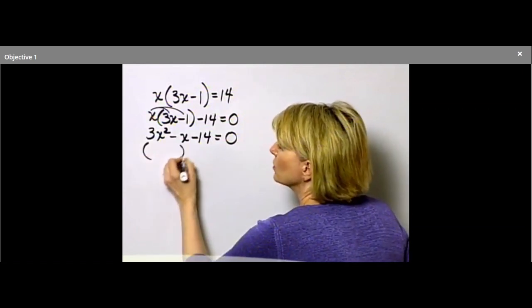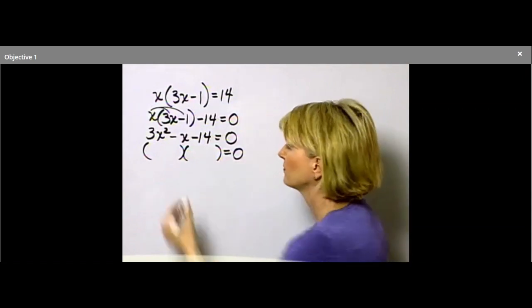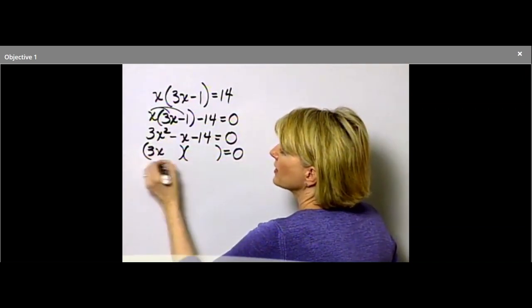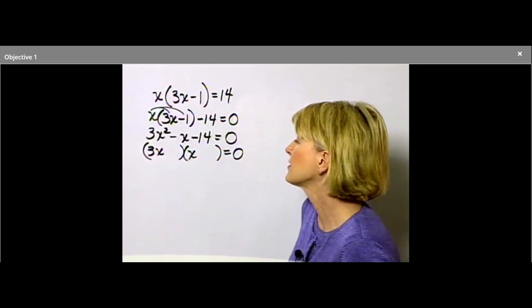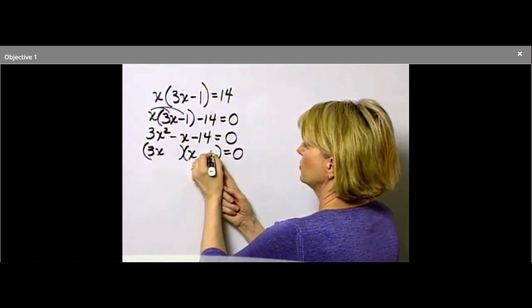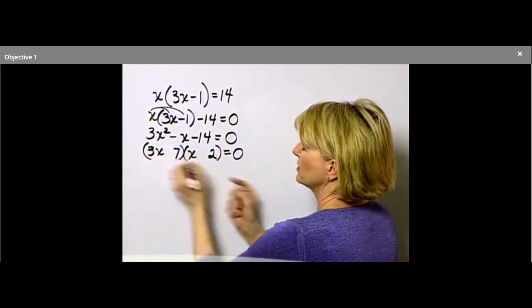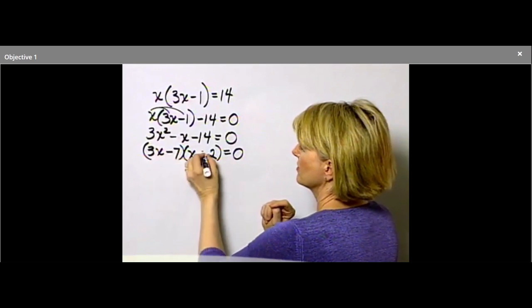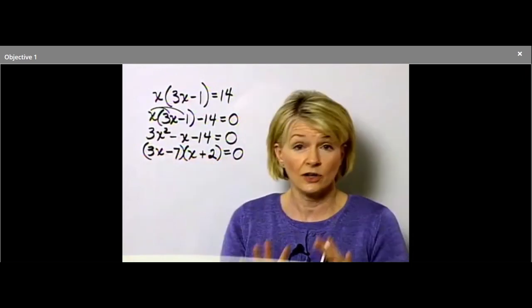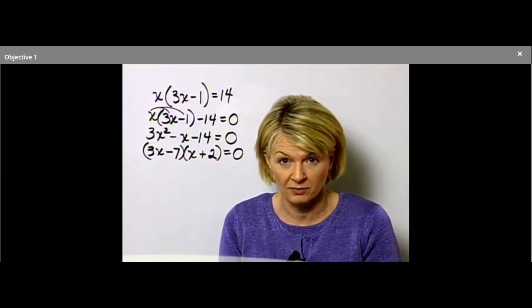We are solving quadratic equations by factoring. We'll need 3x and x, and let's see if we can, if I put a 2 here, I know that's a 6x, put a 7 there. Okay, let's check, and don't worry if you need to take more time with factoring, there's no problem there.